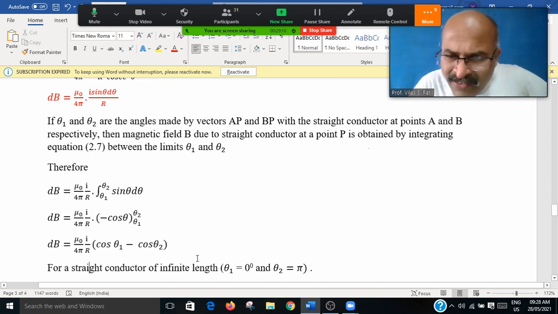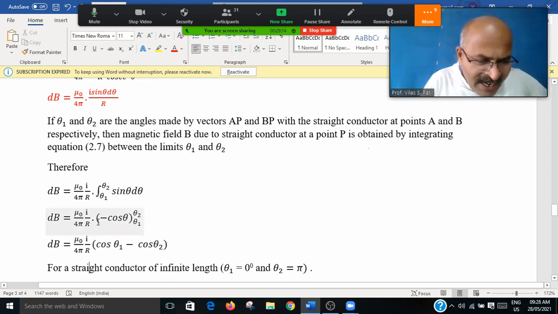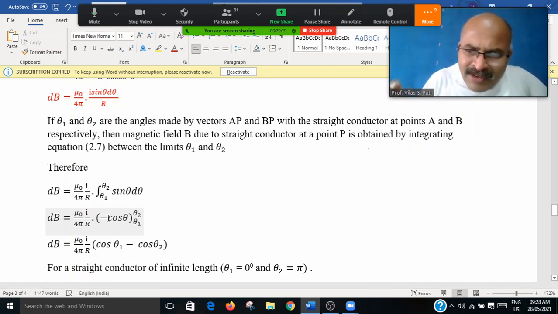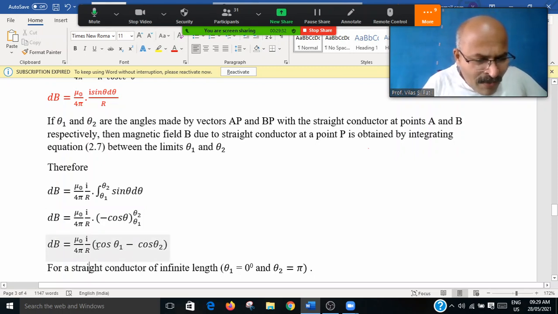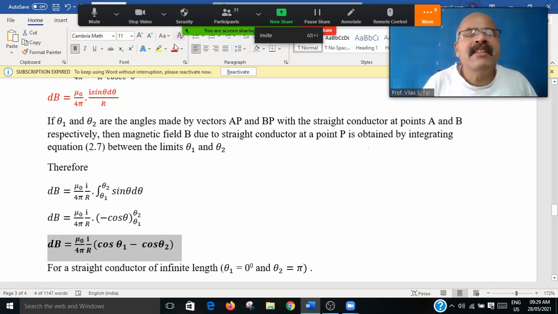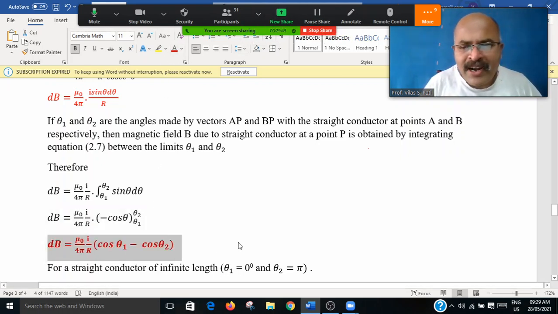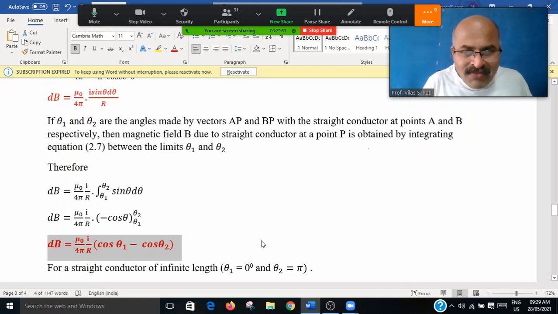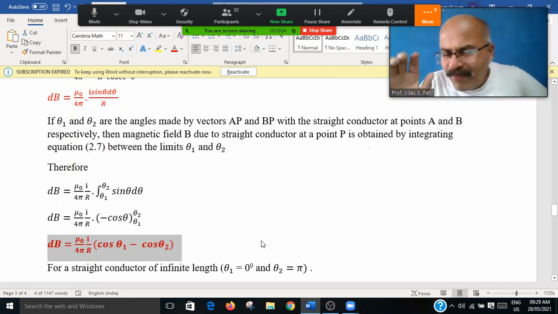We know that sin θ चं इंटिग्रेशन मायनस कॉस θ, मायनस कॉस θ इंटिग्रेशन घेतलं θ1 टू θ2, लोअर लिमिट आणि अप्पर लिमिट घेतलं. मायनस असल्यामुळं पहिल्यांदा काय येणार, मायनस कॉस θ2 मायनस कॉस θ1. त्यामुळे θ1 अगोदर घेतलं आपण, that is cos θ1 minus cos θ2. आपल्याला इक्वेशन मिळालं, that is upper limit minus lower limit घेतलं आपण, आणि इथं इक्वेशन मिळालं आपल्याला, that is B equals μ0 divided by 4π I divided by R into cos θ1 minus cos θ2. हे रिलेशन मिळालं. This is the final relation.